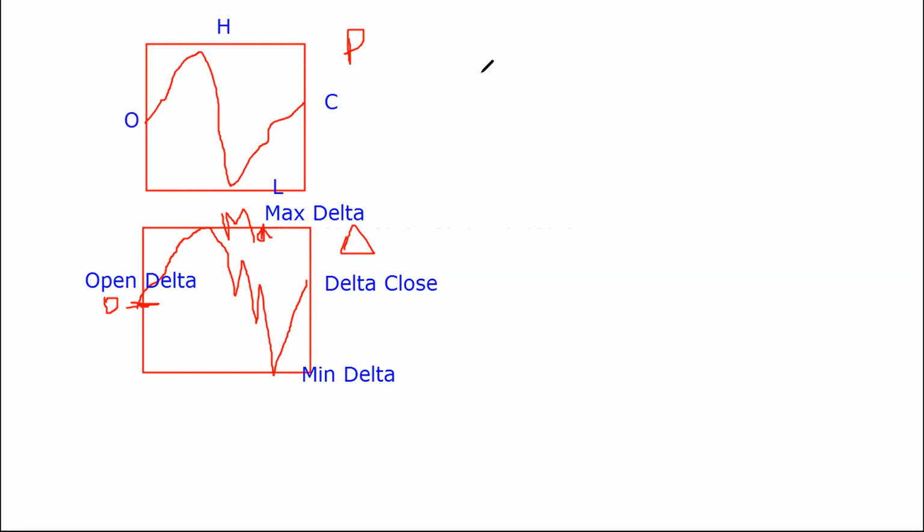Price opens over here, it went into a high, and then it tried to drop, and finally it closes over here. So the candle will be looking something like this.